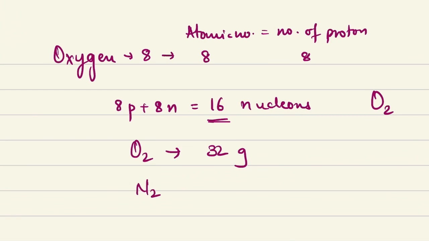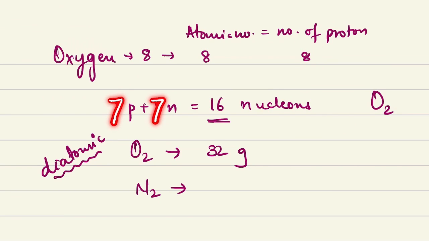Same you can do for nitrogen as well. Nitrogen is also a diatomic gas like oxygen. 2 atoms of oxygen will make 1 molecule. The same way 2 atoms of nitrogen will make 1 molecule. Because nitrogen comes at 7, it will have atomic number 7. So the number of protons is 7.